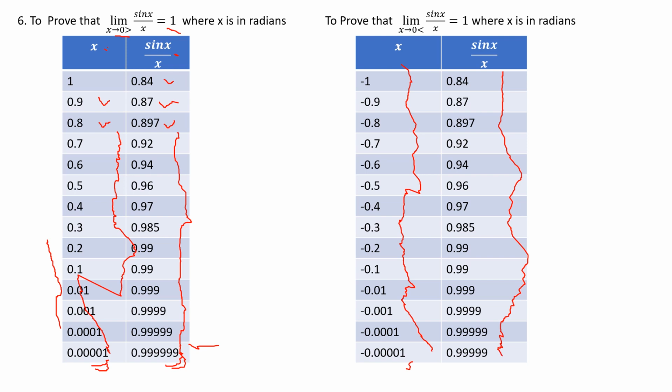Remember, x is in radians. When you use your calculators, which are in degrees, you will not get these values. In conclusion, therefore, the limit as x tends to 0 of sin x over x is 1.